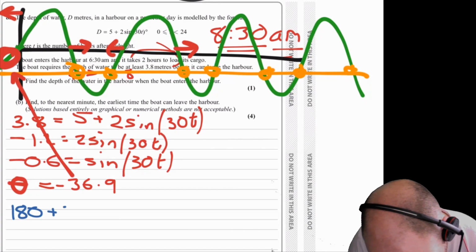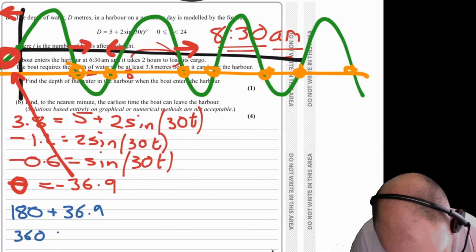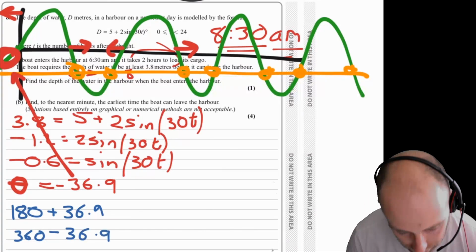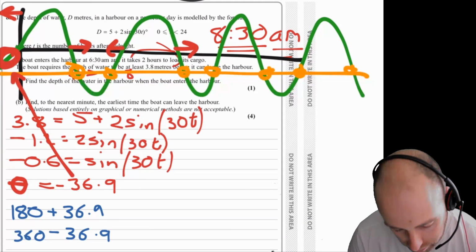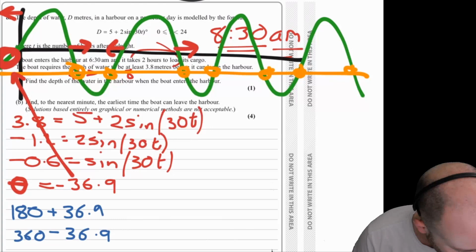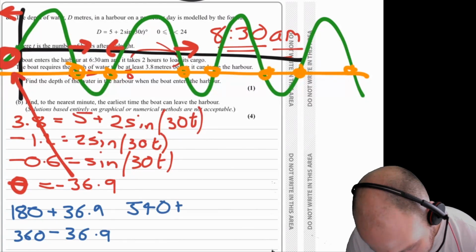So we've got 180 plus 36.9. We're going to have 360 take 36.9 and possibly, well, that'd be 540, is it? Yeah, 540 plus 36.9.